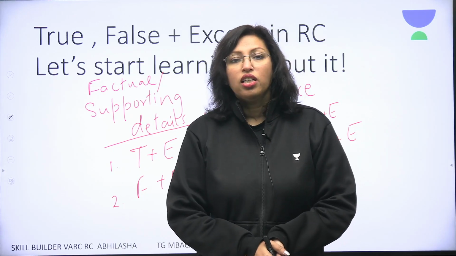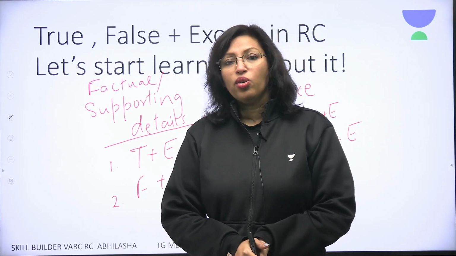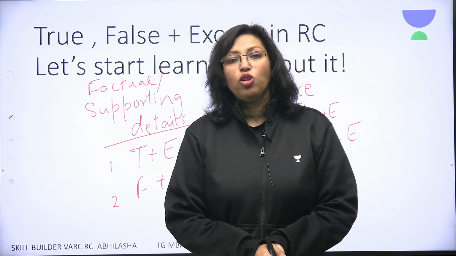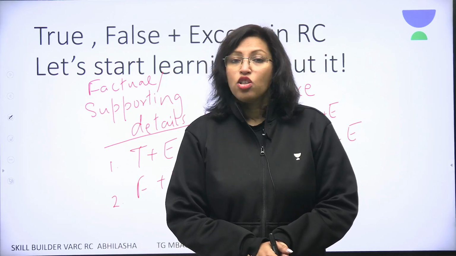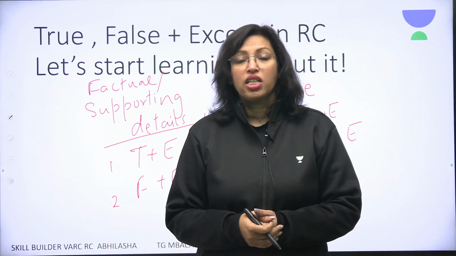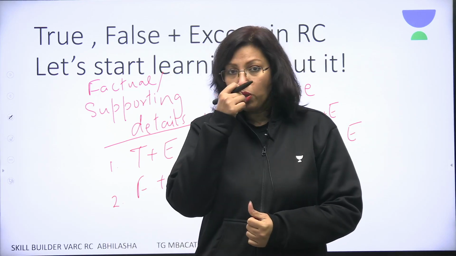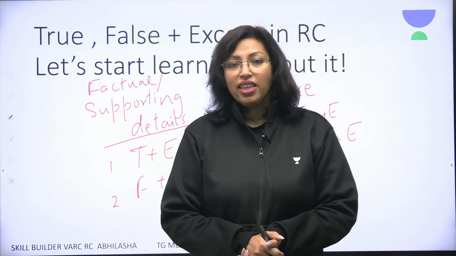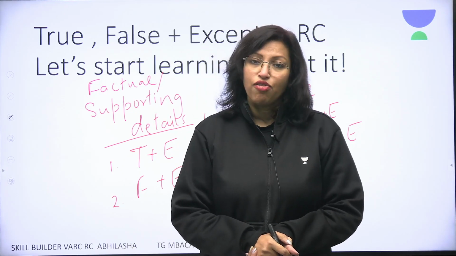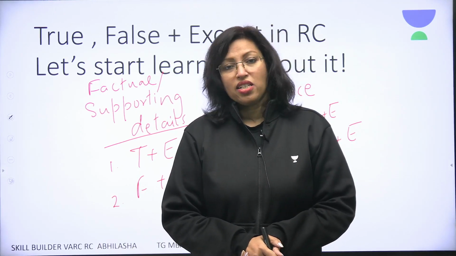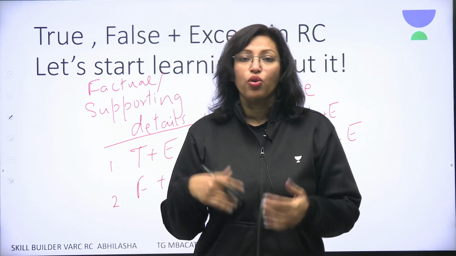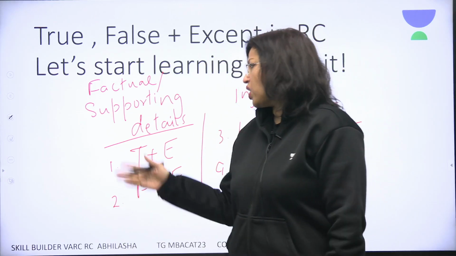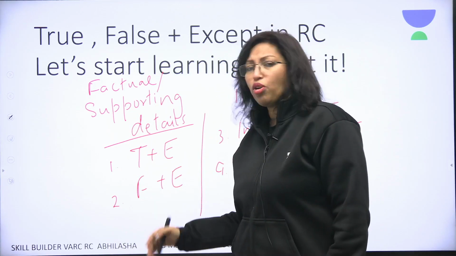So the most important skill for you as a reader or as a test taker is the ability to paraphrase the options. So when you are solving a question, it is very important that you are able to read the question, understand the options and then see if they are true or false according to the passage, or if you can infer those to be true or false, whichever way, whatever the question is asking. Generally they ask you true except or false except.